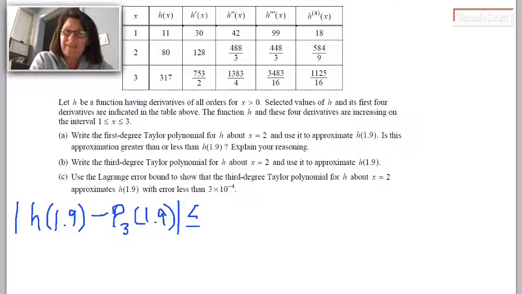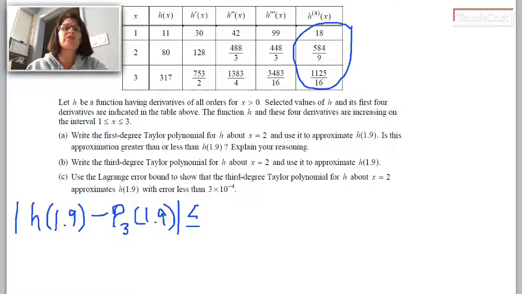The one decision I have to make here is what I'm going to use for M. I need an upper bound on the fourth derivative of h, on the interval between my a, which in this case is 2, and the x value that I've been asked to evaluate at, which is 1.9.